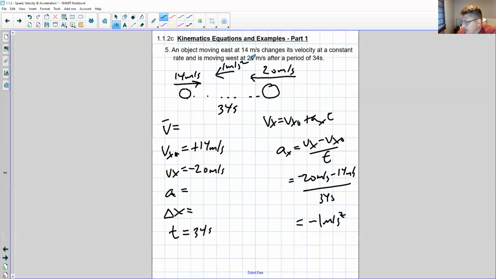So we can kind of map out what happened here, right? How long did it take for this thing to stop and turn around and start going the other way, right? So if it started at a speed of 14 and it was accelerating at 1, it stopped moving after 14 seconds, right? At 14 seconds, its speed was 0.